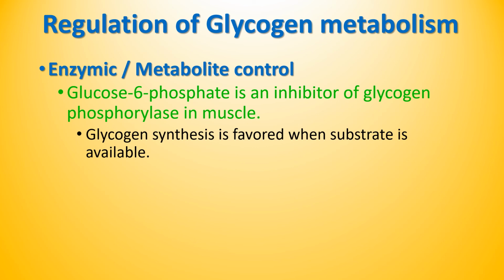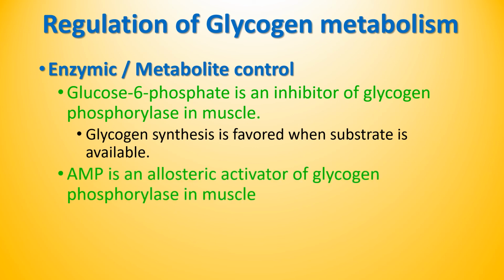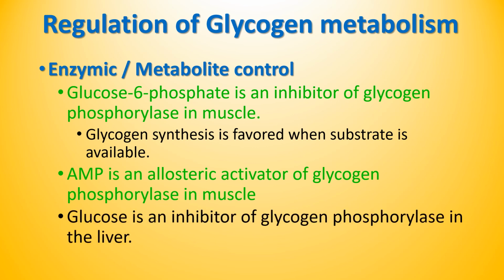Glycogen synthesis is favored when substrate is available. AMP, adenosine monophosphate, is an allosteric activator of glycogen phosphorylase in muscle. Glucose is an inhibitor of glycogen phosphorylase in the liver. So this is how there is a metabolic control of glycogen regulation.